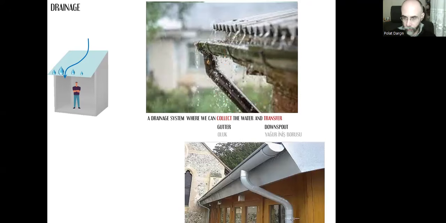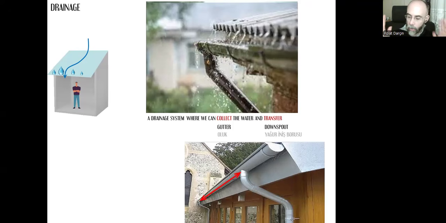We can hang the gutter to the side of the eave, and we need to connect the downspouts depending on this distance.